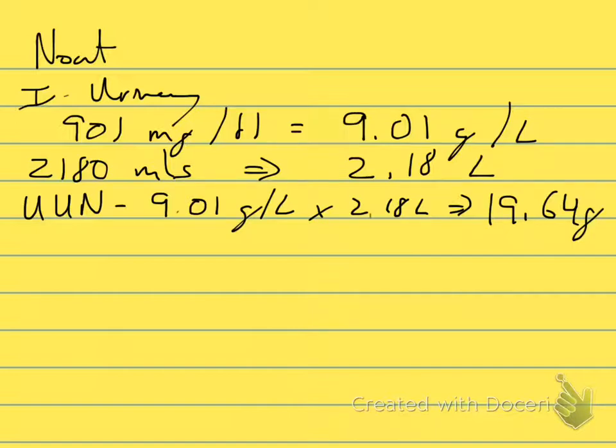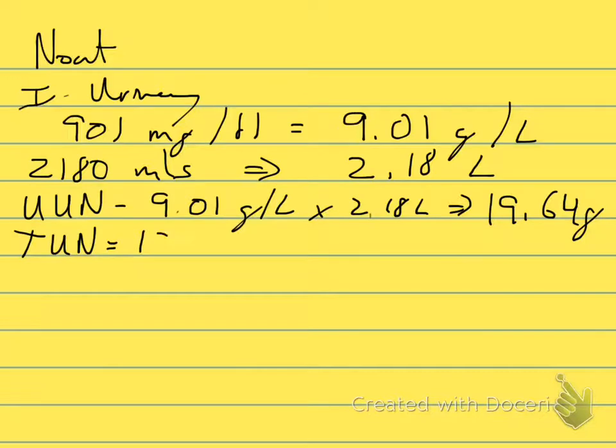Now remember, that's urinary urea nitrogen, which makes up 80 to 90% of total urinary losses. You do have a little bit of ammonia that you will be excreting, and a couple of other non-urea nitrogen products. So we're going to take our urinary urea nitrogen and multiply that by 1.2 to get our total urinary nitrogen.